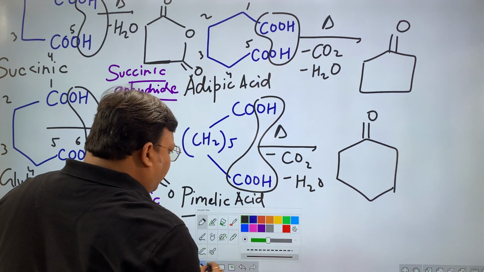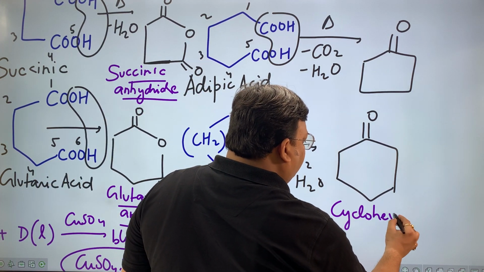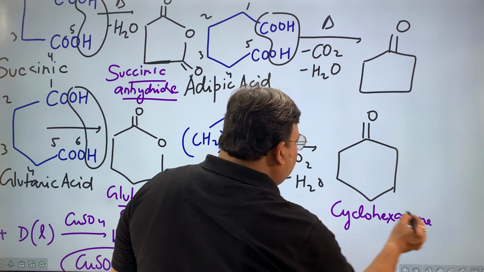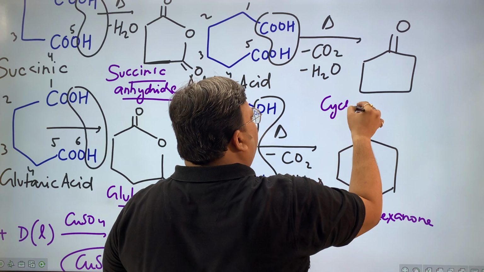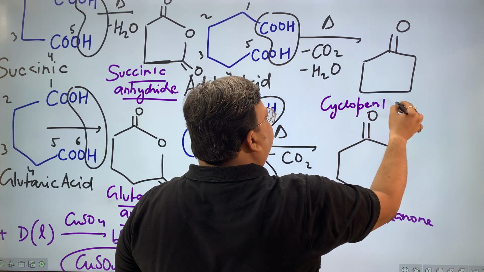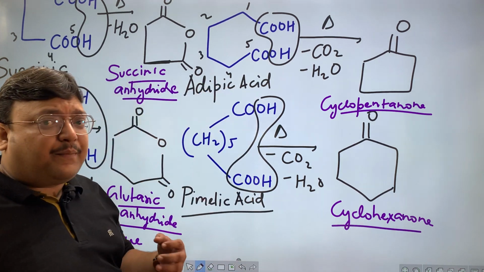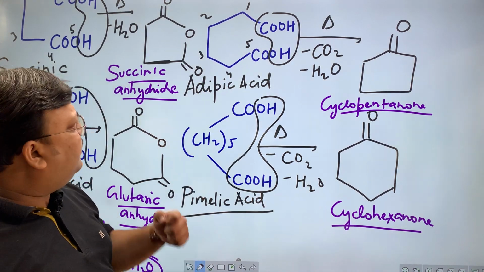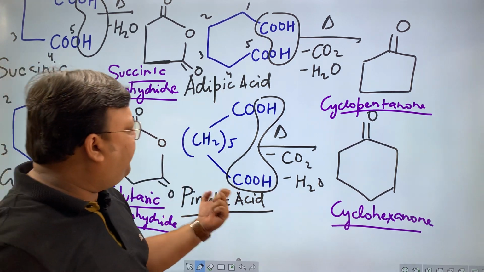You will want to call it cyclohexanone if it's the product of pimelic acid, 6-membered ring. Adipic acid will give you cyclopentanone, and this is how you will want to remember the heating effect of the popular dicarboxylic acids. I repeat: oxalic, malonic, succinic, glutaric, adipic, pimelic.